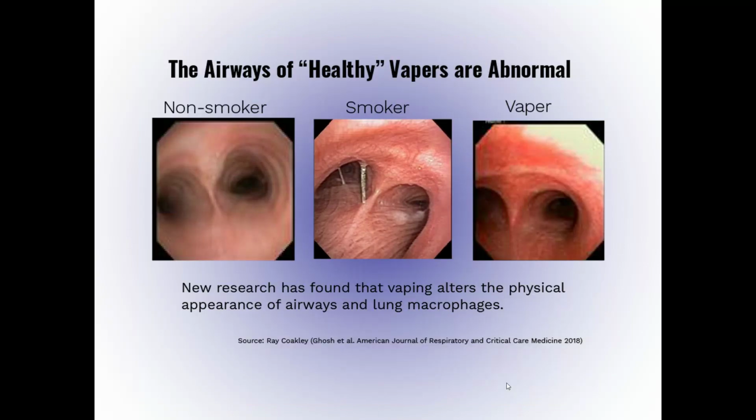We also want to make sure we pay attention to how those airways are affected. So this is kind of a view from a scope, if you will, and you can see what a non-smoker looks like. And then you can also kind of see that when smoking begins, there's some gunk, if you will. And then what the airways of a vaper look like.